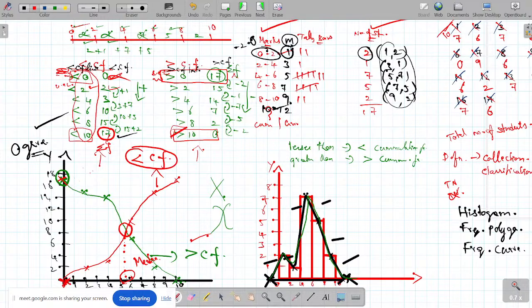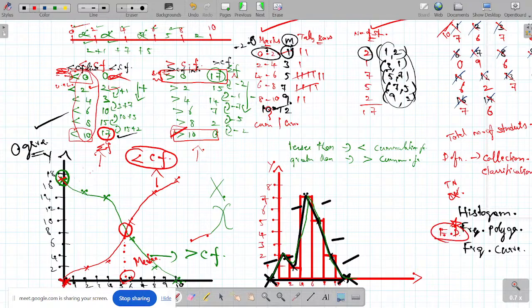As I was discussing earlier, the original classification, you remember what I took? 0 to 1, 2 to 4. So it was unequal width. For that one, I did not use this table, frequency polygon and all, because for a frequency polygon you cannot have unequal widths. If unequal width class intervals are given, you have to convert to frequency density.